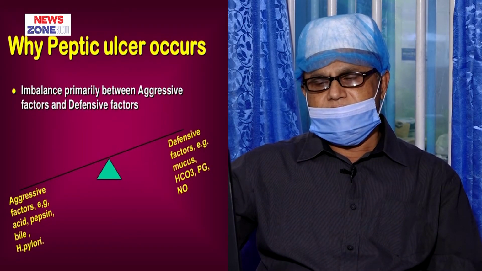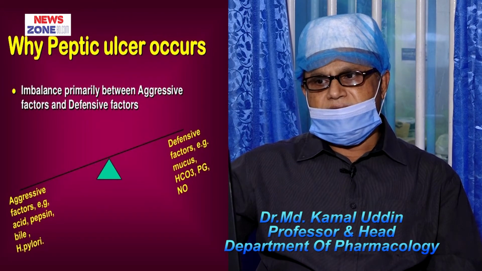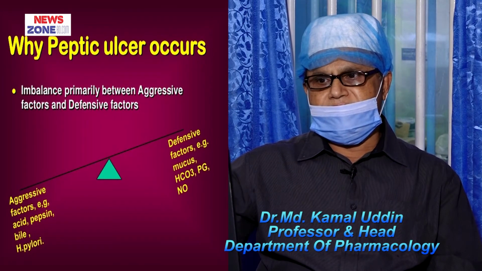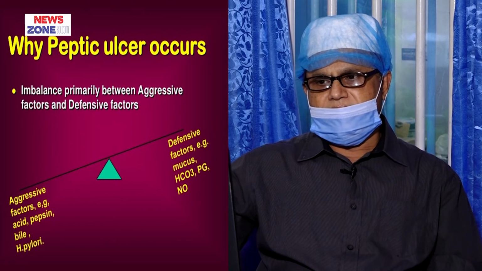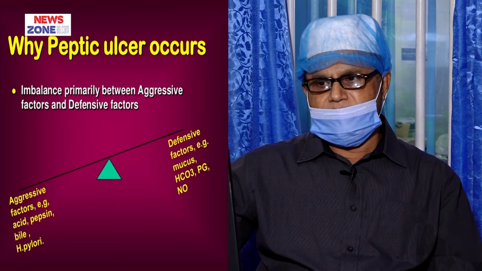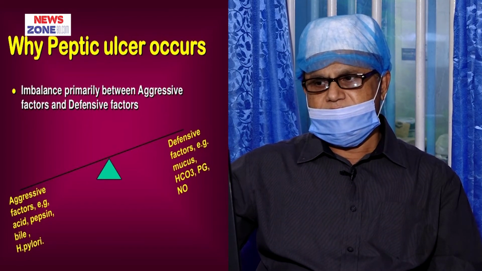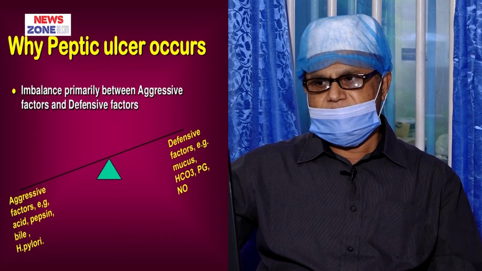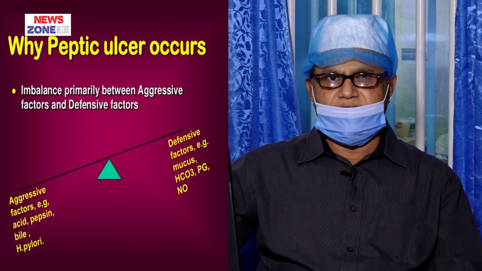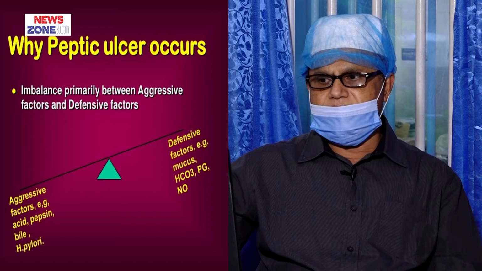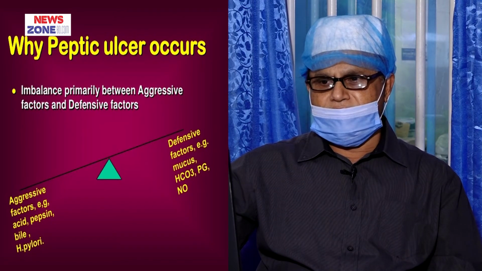We are showing imbalance primarily between aggressive factors and the defensive factors. Aggressive factors are acid, pepsin, bile, H. pylori. Defensive factors are mucus, bicarbonate, prostaglandin and nitric oxide.